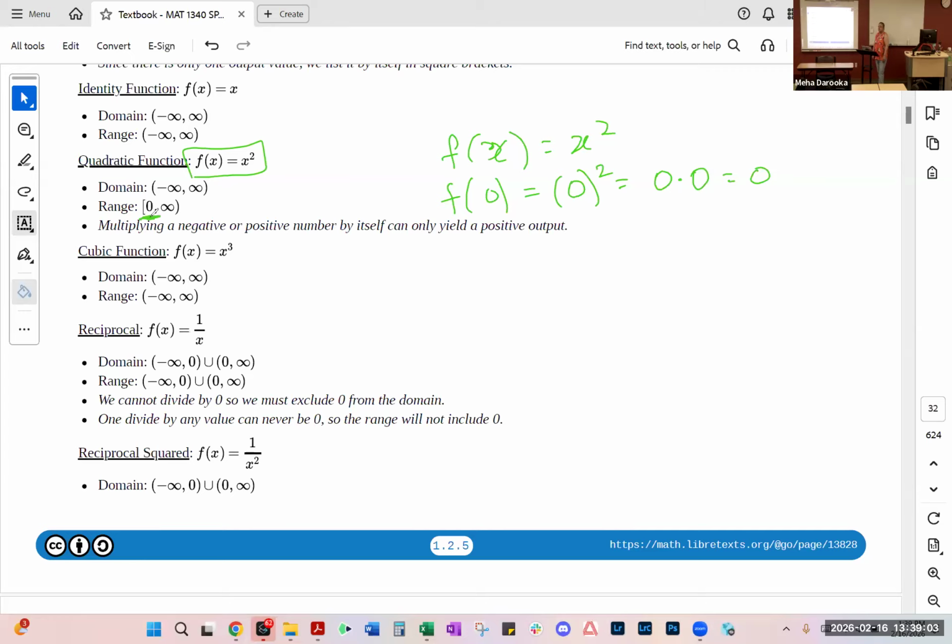But because of that square on the quadratic function, even if you put a negative x value in, you're not going to get a negative y value. Keeping it simple, if I use my x value as -1, that will be -1 squared, which means we are multiplying -1 with -1, which becomes positive, right? So this is the reason why for the quadratic function, you are not going to have any negative y value. So your range will start from 0 and go to infinity.